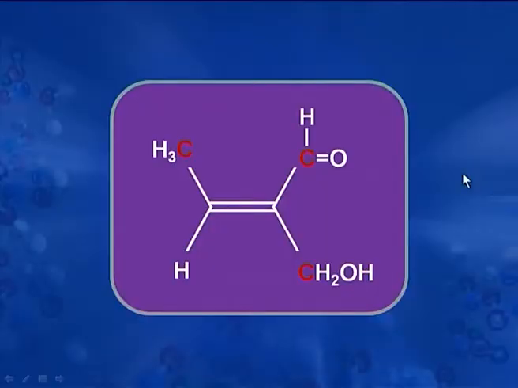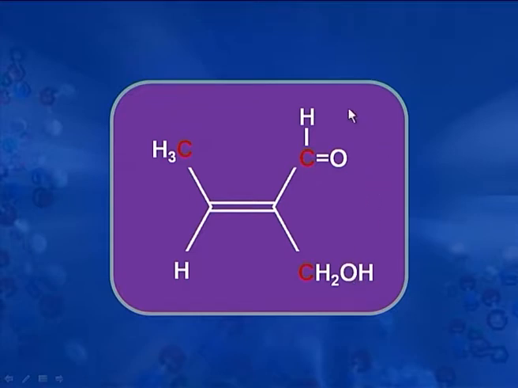Let us take one more type of example. In this case again, on this side priorities can be decided. One is hydrogen, other is methyl, which is attached to carbon. There is no problem in this. On this side we find it is one aldehyde group, C double bond O H, and then one CH2OH. So we find that the first atom in both cases is carbon, second atoms in both cases are hydrogen and oxygen.